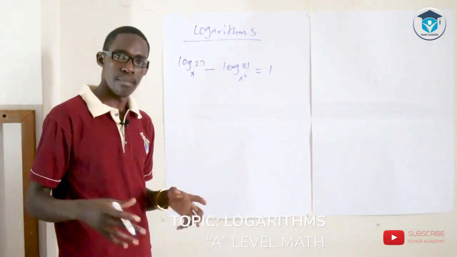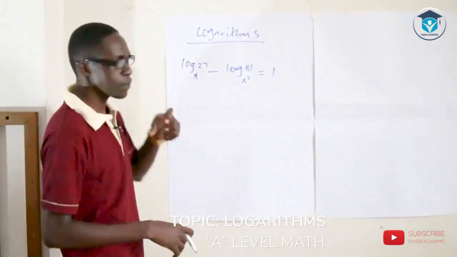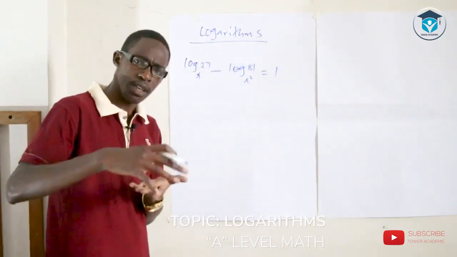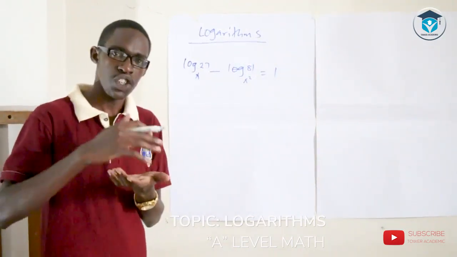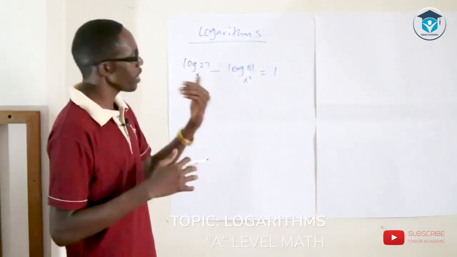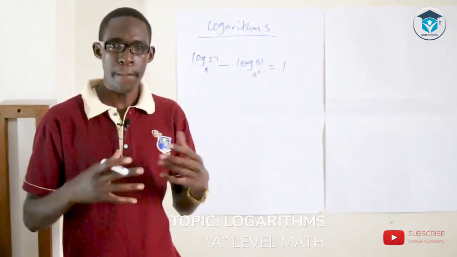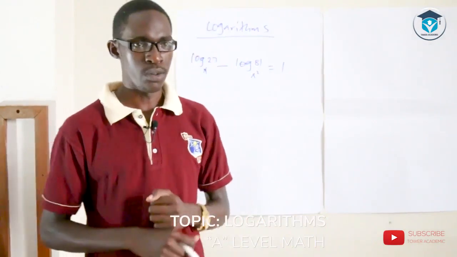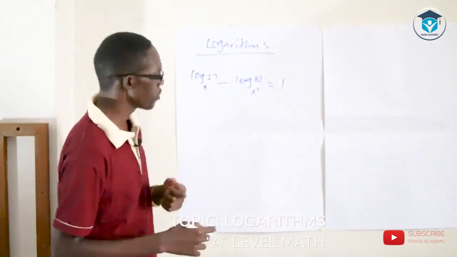Here, a bright child will look at the correspondence between 27 and 81. There is something unique, and that something unique is 3. So if we decide to change our base from x, which is unknown, to 3, which is already known, how will it look? Let's try to see it.